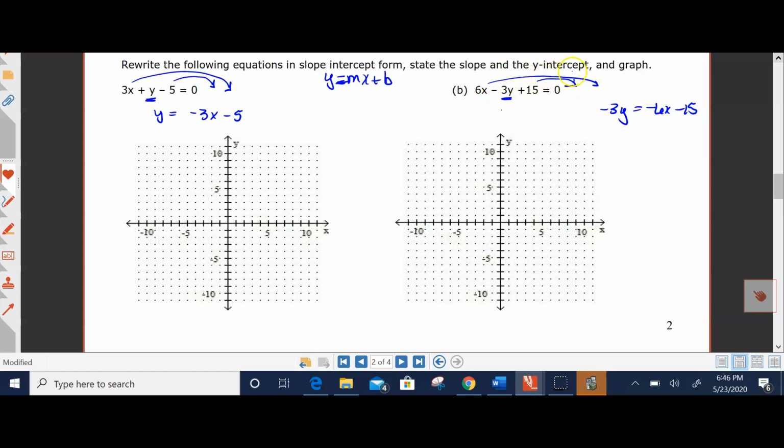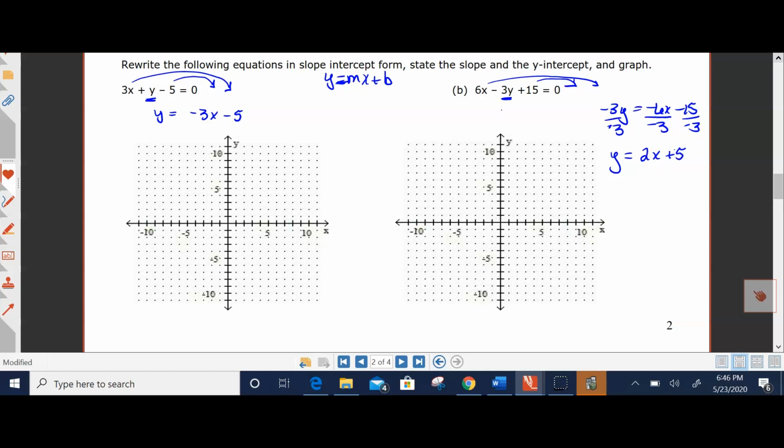Subtract the 6x, subtract the 15. Now, why is y not standing alone yet? I've got to divide every one of the terms on the left and the right by negative 3. So negative 3 over negative 3 is 1, so I have 1y. Negative 6 over negative 3 is 2, so it's a positive 2x. And negative 15 over negative 3 is a positive 5.